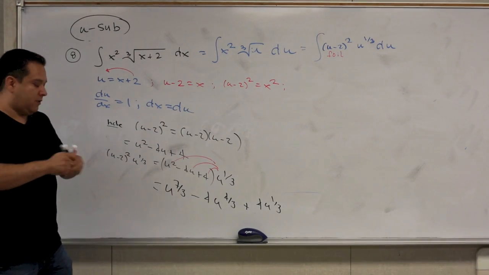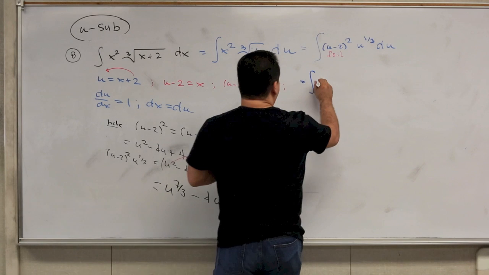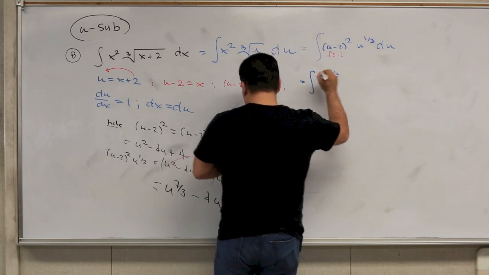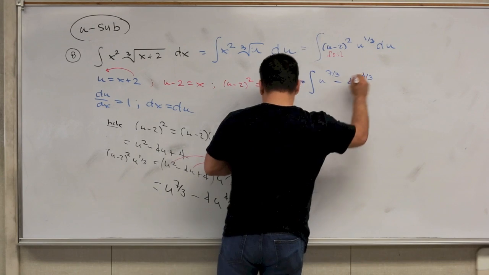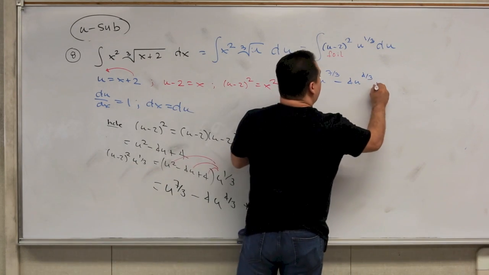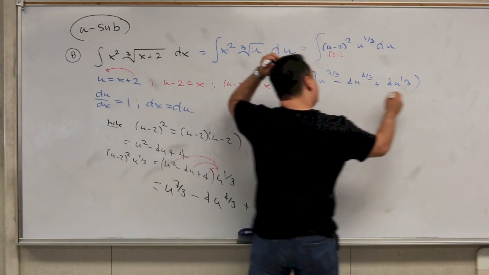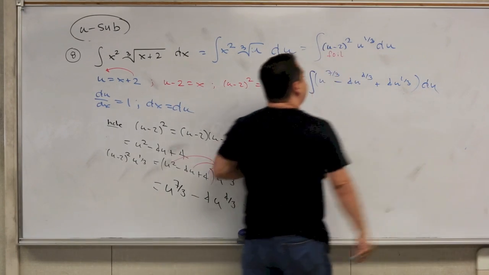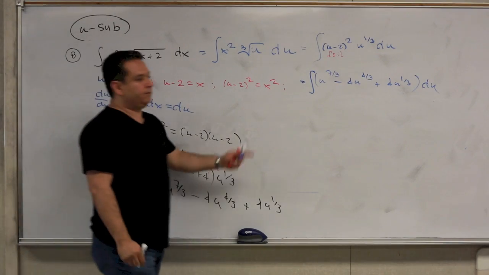So anyway, this problem becomes the integral of u to the 7/3 minus 4u to the 4/3 plus 4u to the 1/3, and then that's going to be du. So I have 3 integrals here.